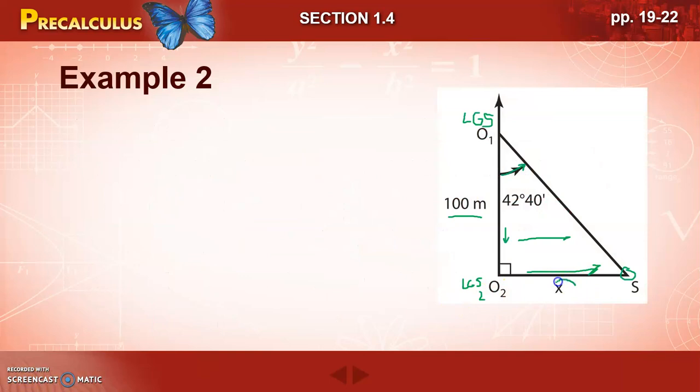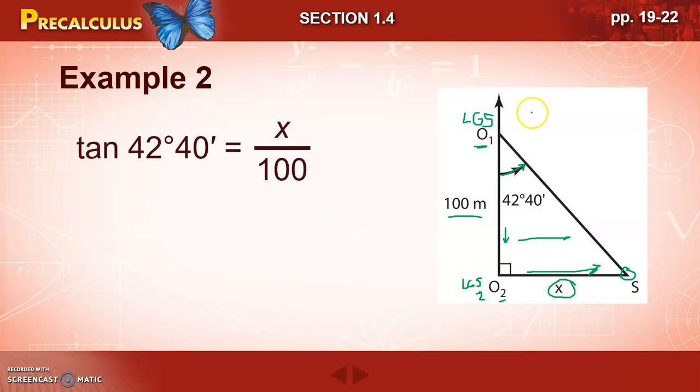So this is what we want to know. This lifeguard looks out, sees something at a bearing of 42 degrees 40 minutes, and he's trying to communicate with the other lifeguard stand, number 2, how far away it is. So we're going to use one of these trig ratios to fill in our missing information.